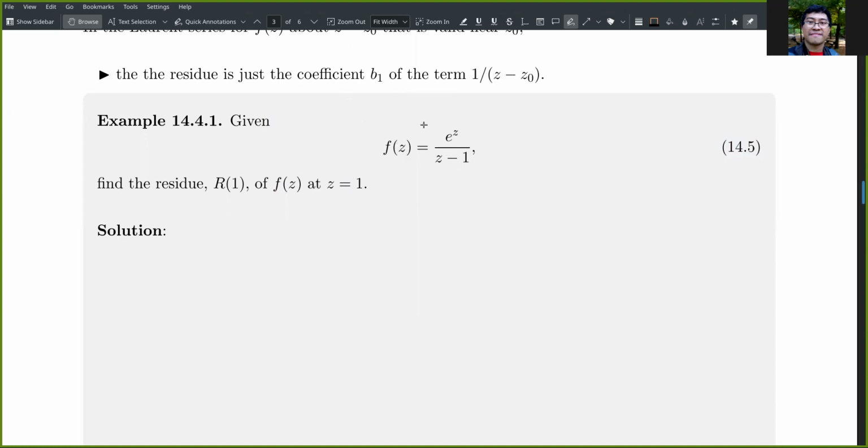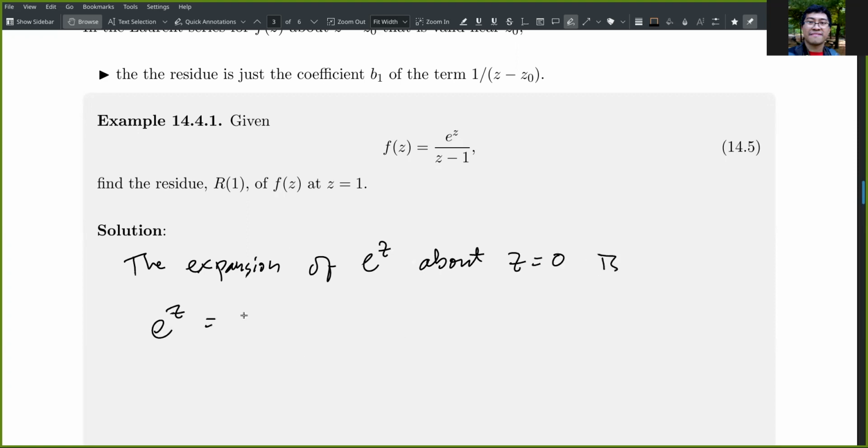find the residue of this function e^z over z minus 1 at z equals 1. Let's call the residue r of 1, at z equals 1. We know that the expansion of e^z about z equals 0 is e^z equals 1 plus z plus z squared over 2 factorial and so on.